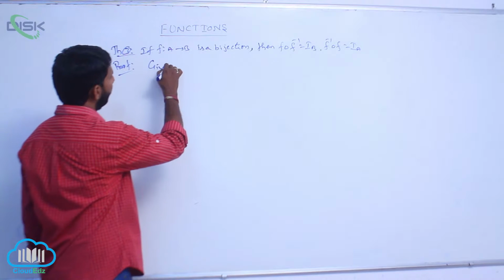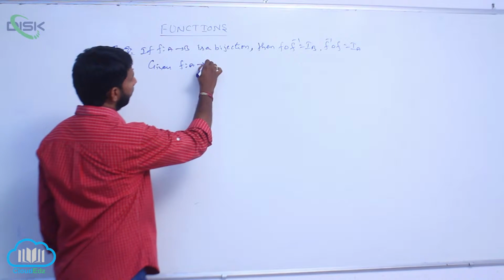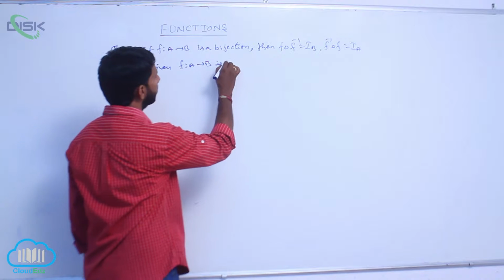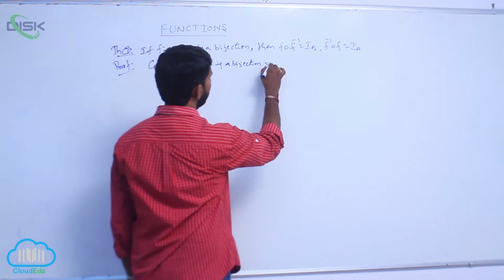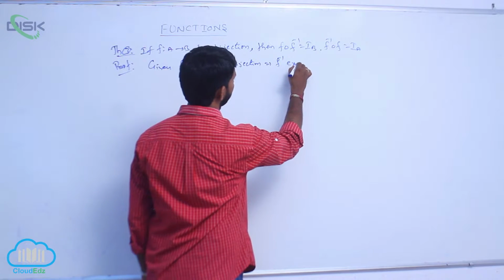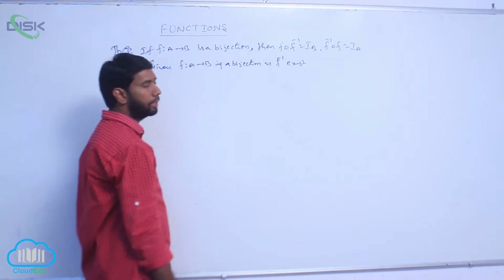Given f mapping from A to B is a bijection, that implies f inverse exists.